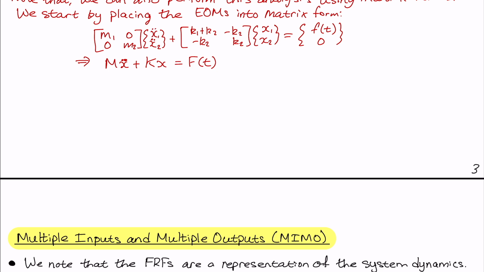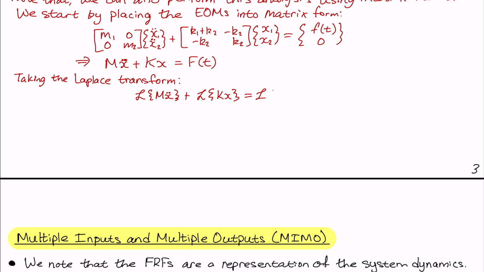All right, we're going to take the Laplace transform of this. We get the Laplace transform of m times x double dot plus the Laplace transform of kx is equal to the Laplace transform of f of t.